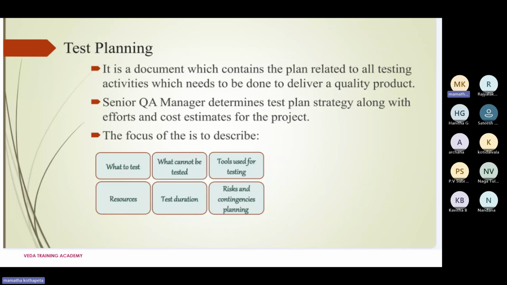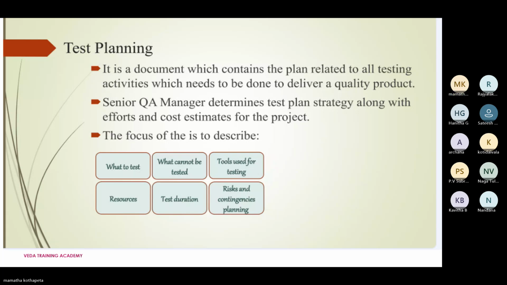We need a database, a particular version, a repo license, or any sourcing license. Based on the tools that we need, we are going to purchase the license. You will tell that we need this many applications and this license for this testing. So the tools used for testing section has a list of all the tools required to perform testing on the project.